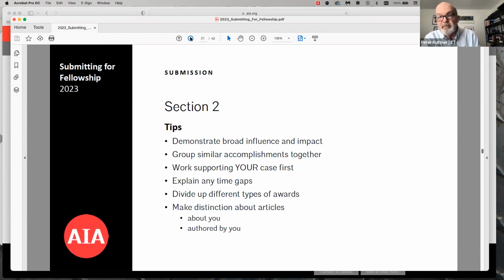Some people have gone to some other career direction and come back, or they've stopped working for a practice and have come back to a practice and in between did something. You want to make sure you treat that right. Again, whether you wrote the article, apparently there's a lot of confusion when people start listing the articles, because nobody's going to read them. Nobody's actually going to do more than see the label.